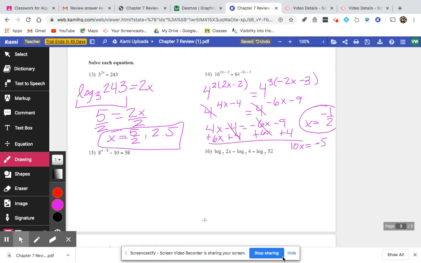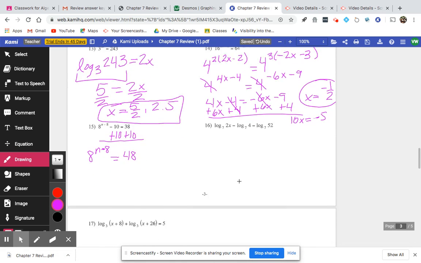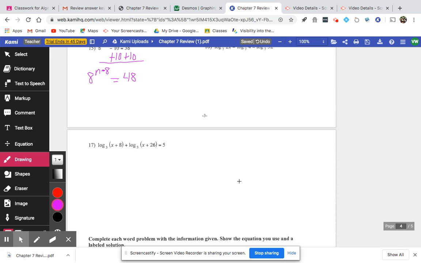15 and 16. We're going to start with number 15. Before I do anything for solving for that variable, I need to add 10 to both sides. It's called isolating it. So we have 8 to the n minus 8 equals 48. And here I'm going to use logarithms to help me solve. I'm going to use the log base 8 of 48 equals n minus 8.